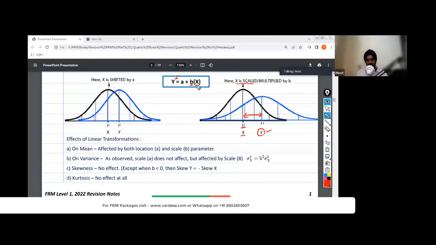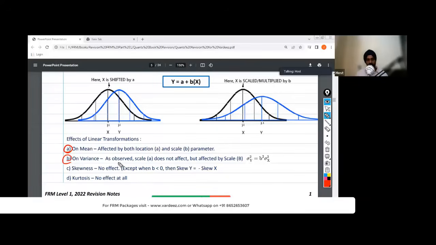So when I multiply this variable by b, my mean is affected by the scale parameter. It's been stretched out, right? So the mean is affected. Yes. By how much? By the scale parameter, or rather I can say b squared. That's the effect on the mean.